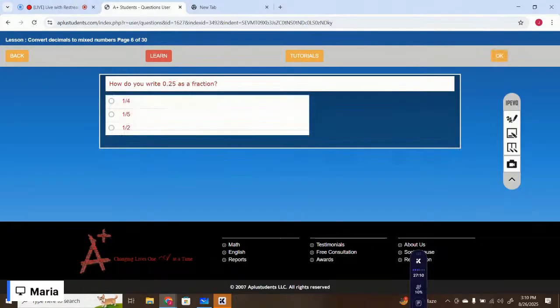How do you write 0.525 as a fraction? So which is the correct option?